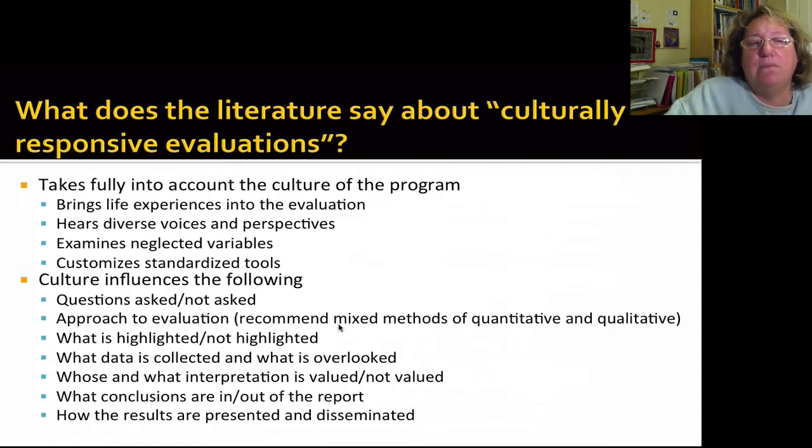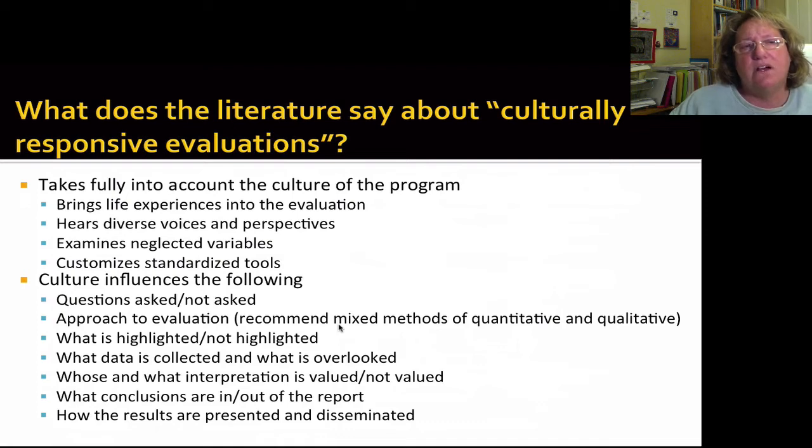It'll also show up in your analysis around what's highlighted and what's not highlighted. What data is collected and what's overlooked. Whose and what interpretation is valued or not valued. And what conclusions go into the report and what conclusions stay out of the report. And how are the results presented and disseminated.